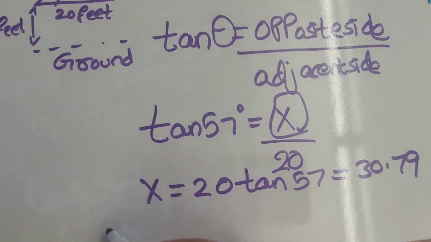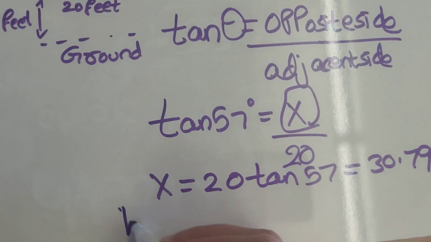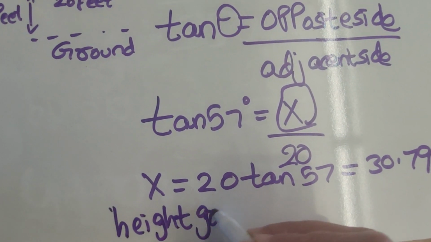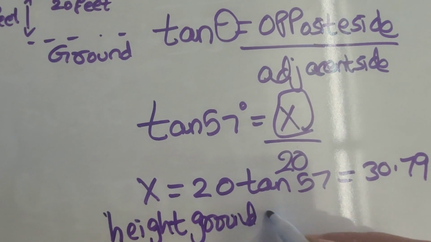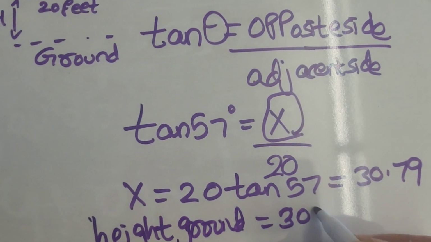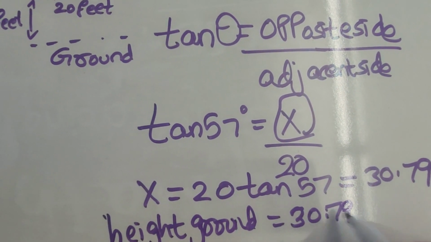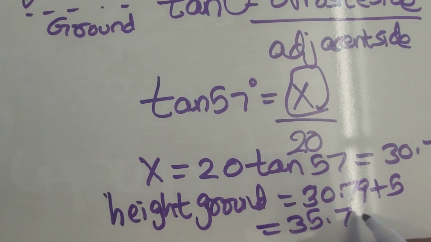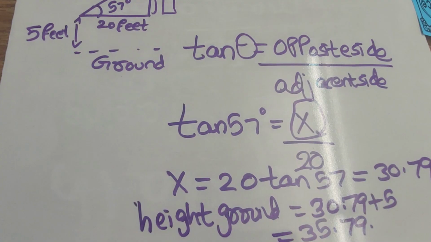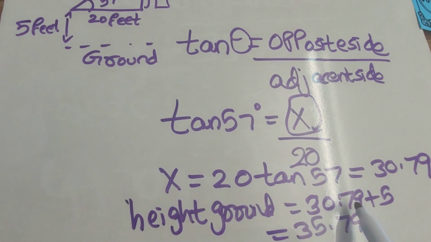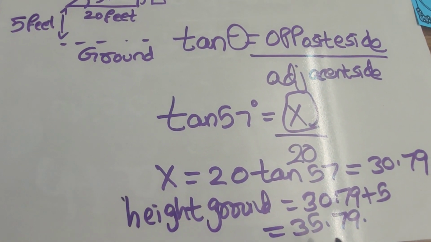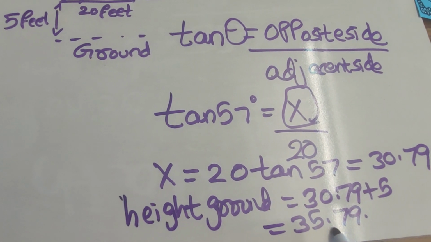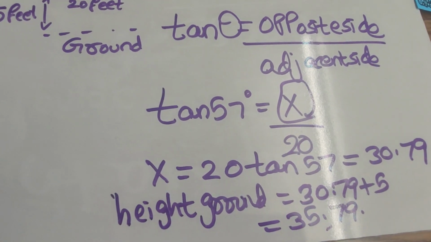So for finding the exact height from the ground, we need to add 5 to this, 30.79 plus 5, which will be 35.79. In this way, after adding the height from the ground, we are getting the total height of the tree from the ground level, which is 35.79.